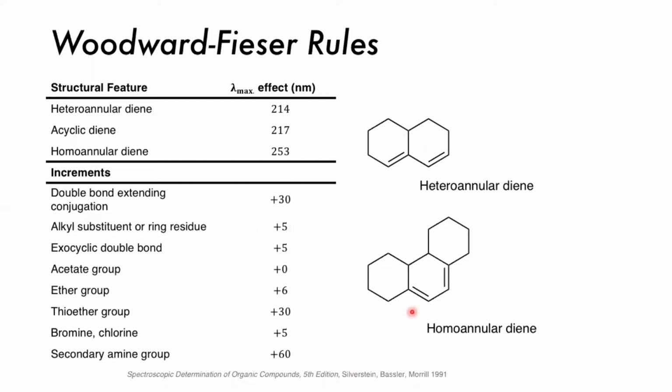Could also be methyl groups appended to the conjugated system, like here and here. Exocyclic double bond, so a double bond somewhere else outside of the ring. Acetate group, ether functional group, thioether group, bromines, chlorides, secondary amine group, and what have you.